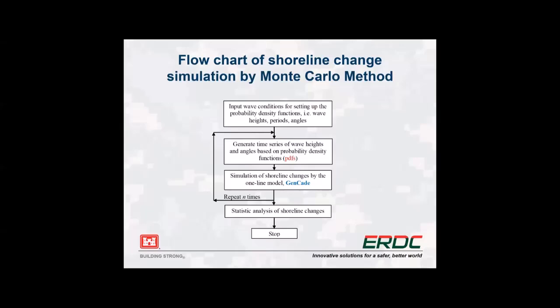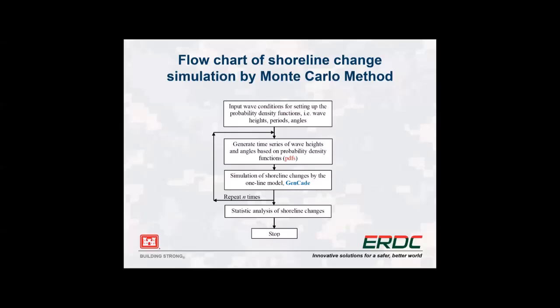So the goal of the Monte Carlo GenCade application that Jan Ding has been working on is to quantify the full range of potential profiles that could occur in a given run. So what the tool does is you give it input wave conditions to determine the PDF for wave heights, period, and angles.